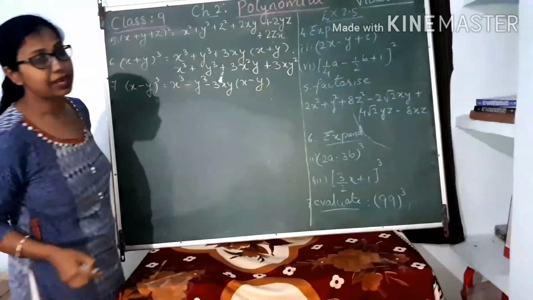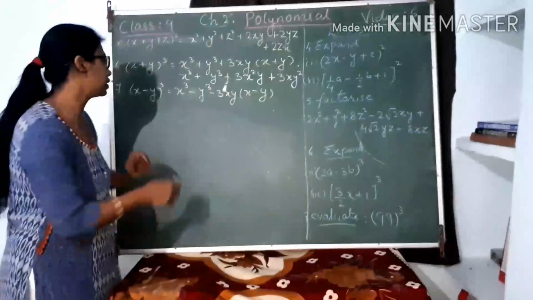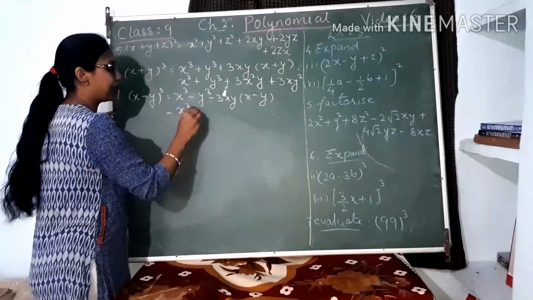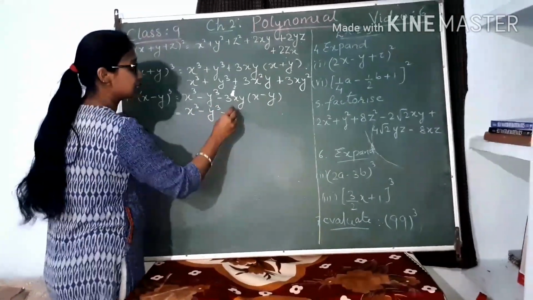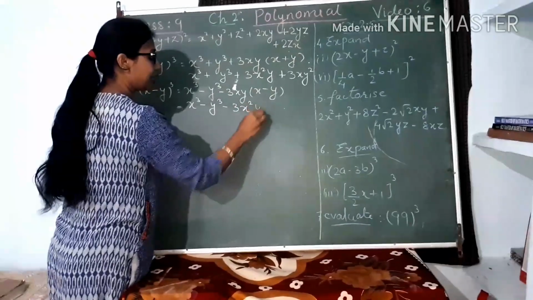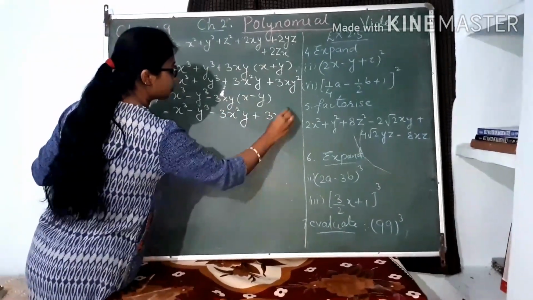Use this expanded version for the following type of question. Same for this one also: x cube minus y cube minus 3x square y plus 3xy square.